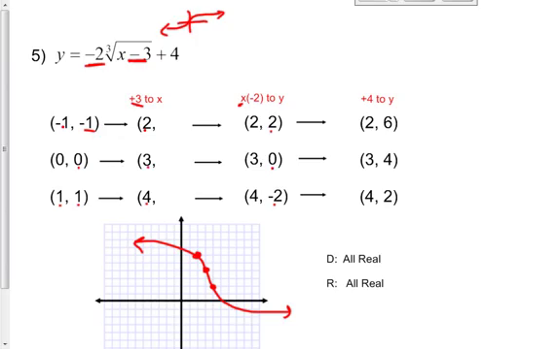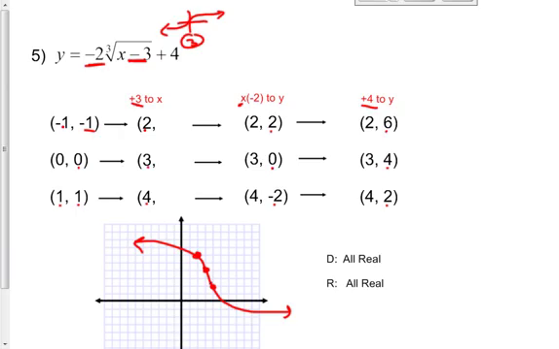And now remember, the third thing we do is shift from any number that's in the back. It says plus 4, that means I have to add 4 to wherever I was just at. 2 plus 4 is 6, 0 plus 4 is 4, negative 2 plus 4 is 2. And those are my ending dots. You can look on the graph, I've plotted them: (2, 6), (3, 4), and (4, 2).